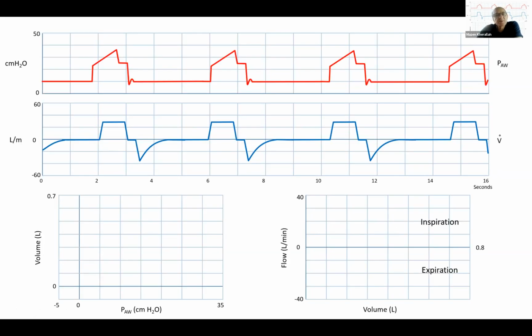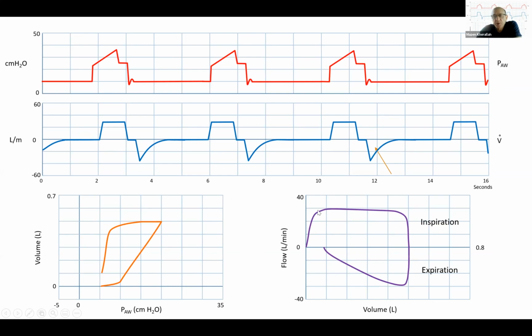Different clinical settings. Again, this patient, you can see that the volume, the area under the curve here is larger than this area here. Well, if it is not clear to you, take a look at the loops. It's easy to see it on the flow over volume loop.